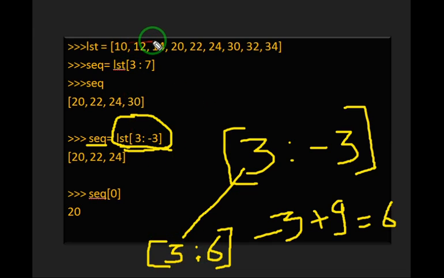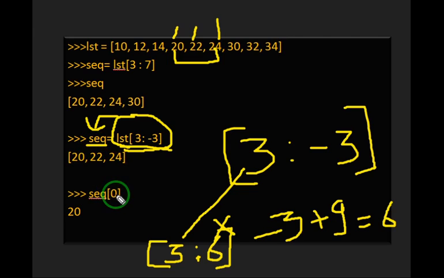Index number 0, 1, 2, 3 is 20, 4 is 22, 5 is 24. The last index will not be displayed, so it will only display 20, 22 and 24, and it will store these values in a new list called SEQ.